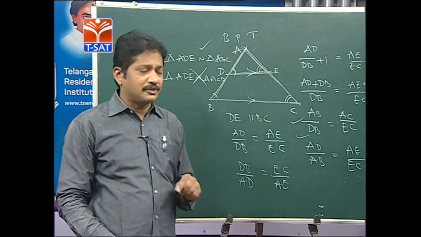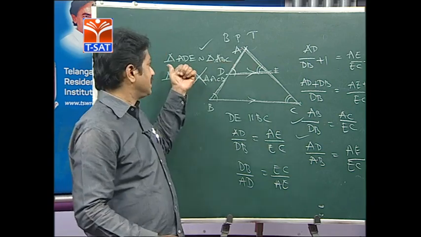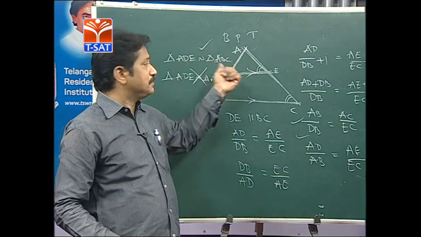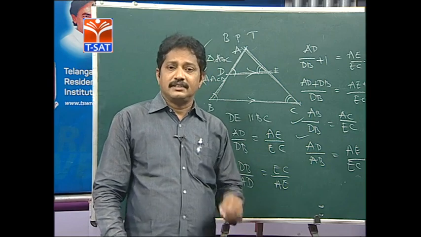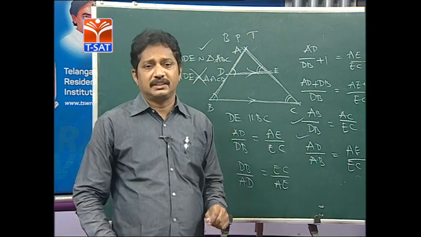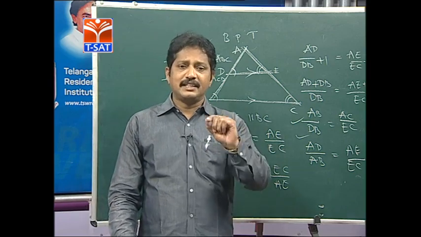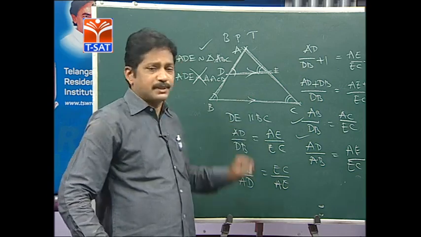How do you say this is wrong? Triangle ADE is similar to triangle ABC means A equals A, D equals B and E equals C. You have to say exactly which are the corresponding angles and which are equal. So the naming of the triangle is very important for the similarity of triangles. So take care in doing this. Clear?